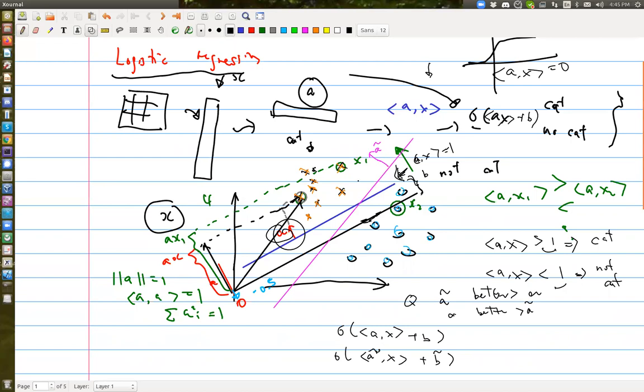Both of them, for the given data points here, for this data point here and this data point here, I'm able to separate the two data sets.